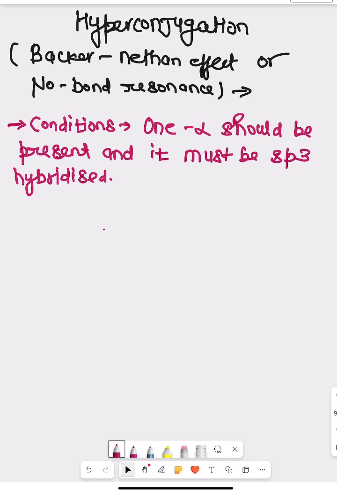Okay, alpha carbon, see, this is your alkene. Now, which one is the alpha carbon? You can consider this also alpha carbon, this also alpha carbon.